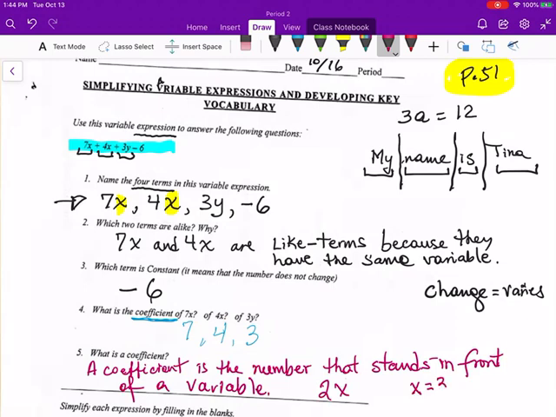And if x equals 3, this doesn't mean 23, okay? This is not 2 and 3. It's 2 times 3, which is 6. The 2, the number in front of the variable, is called the coefficient. Remember that. Co, next to. Co-pilot, next to the pilot. Okay? My co-worker is the one that works next to me or with me.